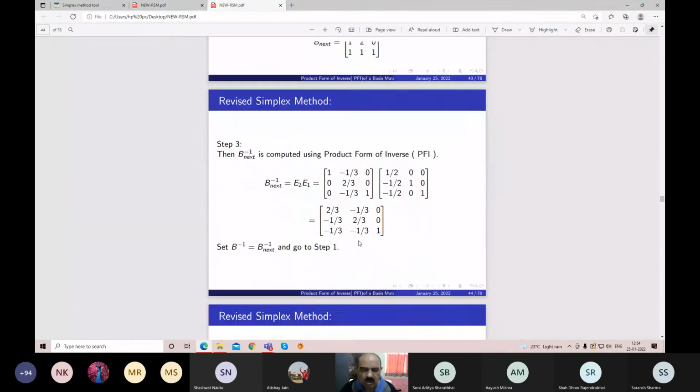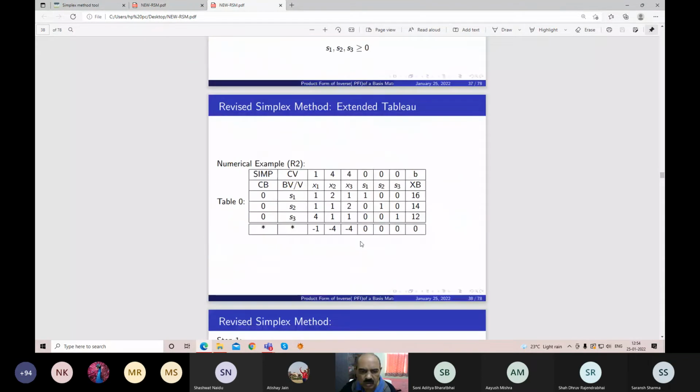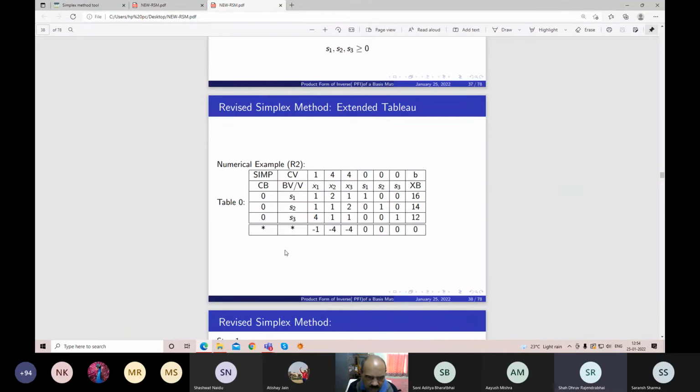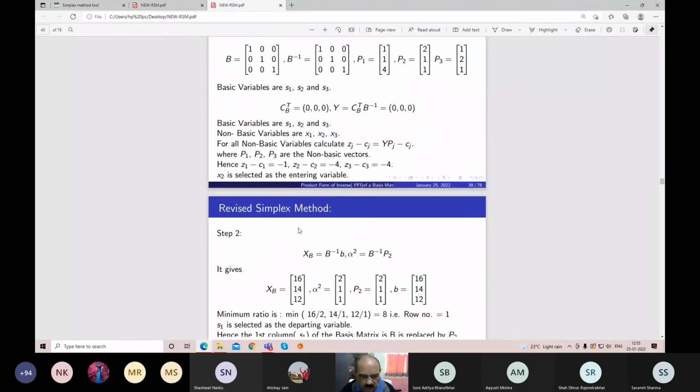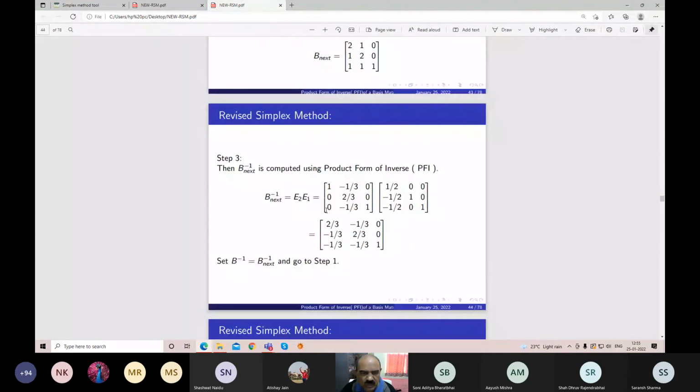Now, come to the table. What is the coefficient of the basic variables here? Can you tell me? The basic variables are X2, X3, S3, so the coefficients are 4, 4, 0. You can see here 4, 4, 0.